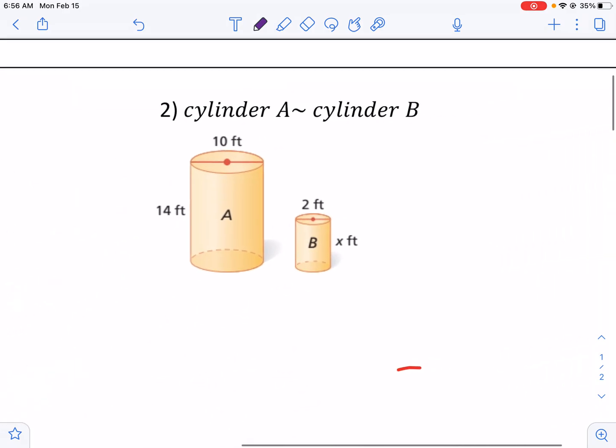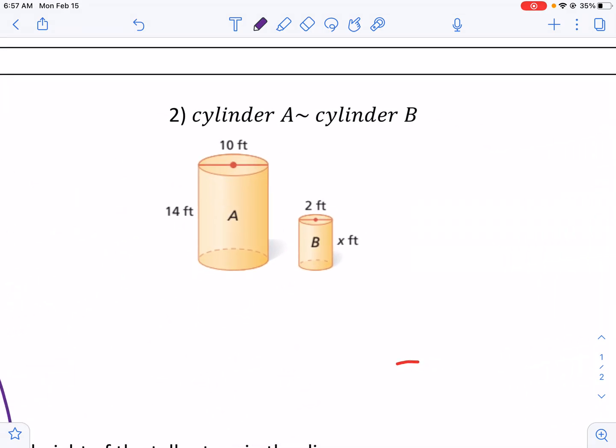Number 2 uses cylinders. So again, cylinder A is similar to cylinder B, which means the sides correspond. The diameter is the entire distance across a circle. So think of like a soup can, right?